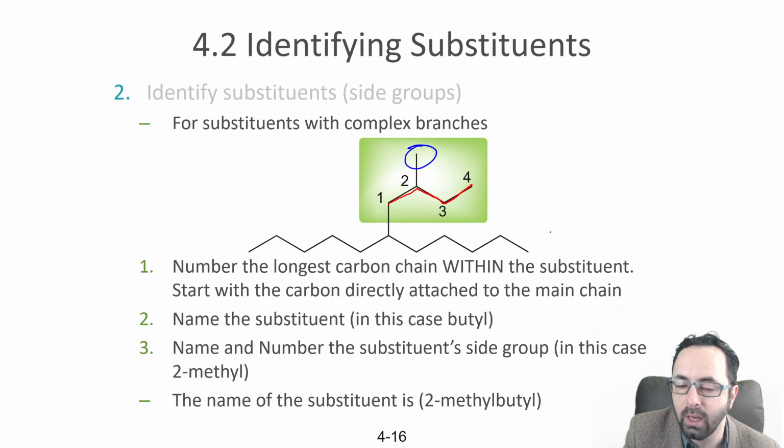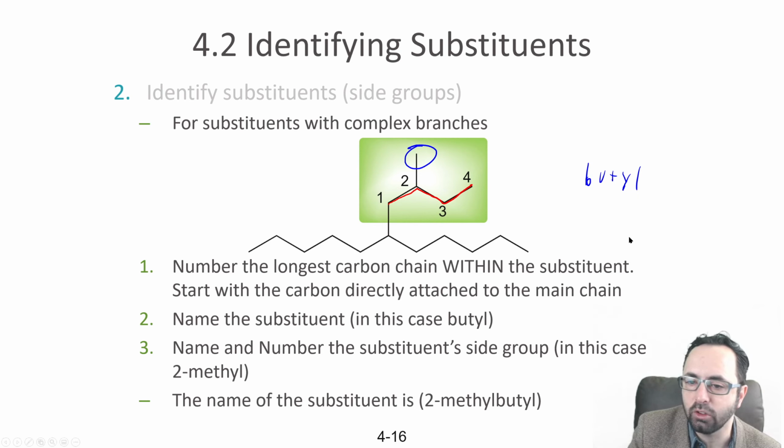So we name first, we write at the end, the name of the parent chain on the branch, which would be but-, the prefix for 4 carbons, and it would be -yl because it's a branch. But then before that, we're going to put the name of the branch, which contains 1 carbon, so it would be methyl.